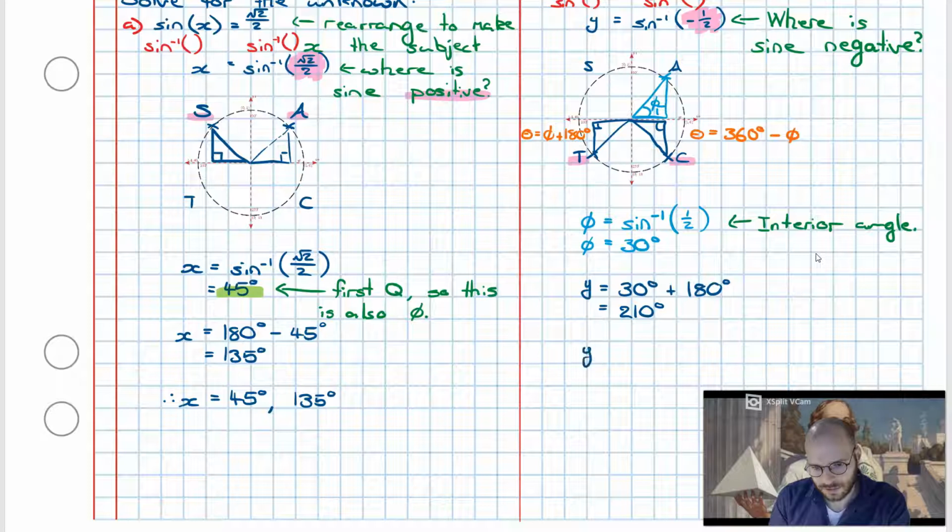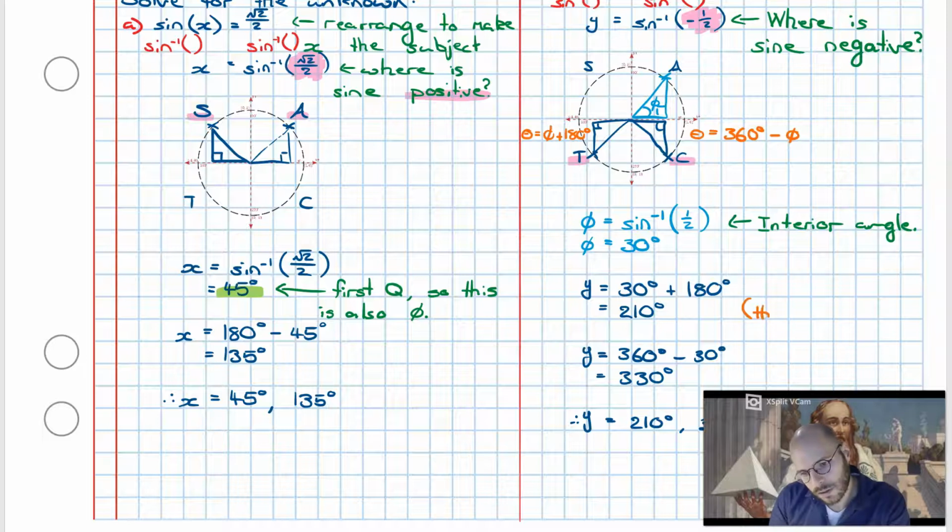Then for the second solution, we're going to get 360 degrees minus phi, which will turn into 360 minus 30 degrees. And therefore, we're going to get 330 degrees, like so. And therefore, y is equal to 210 degrees and 330 degrees.